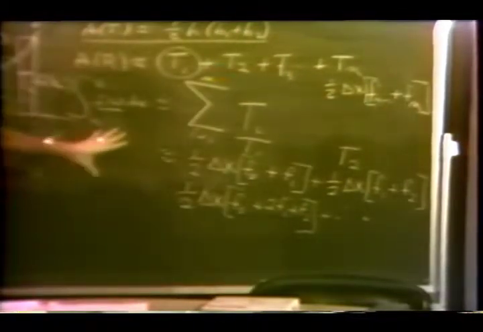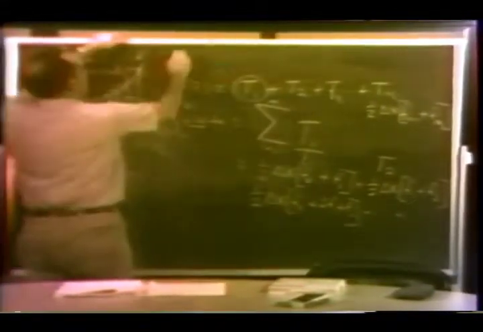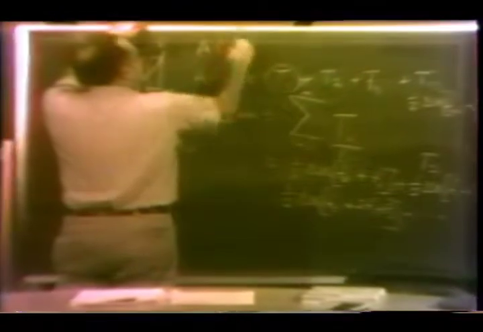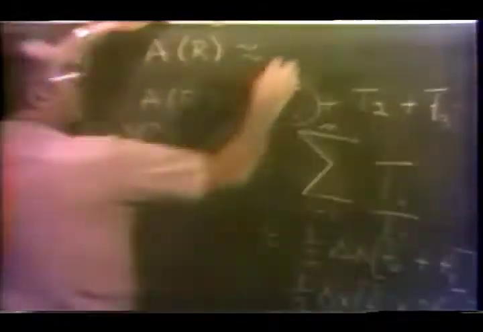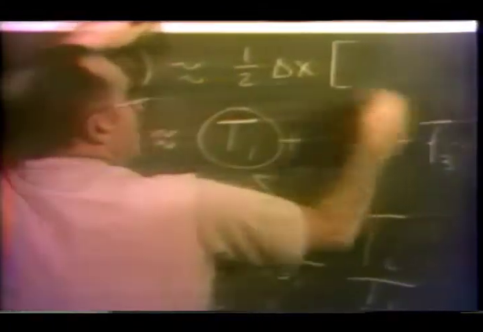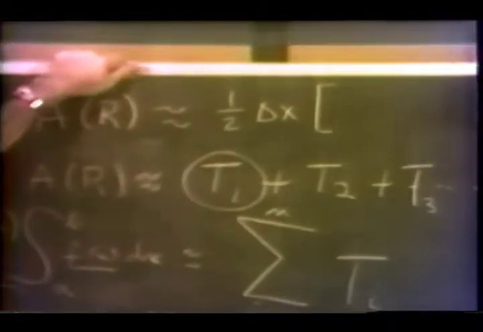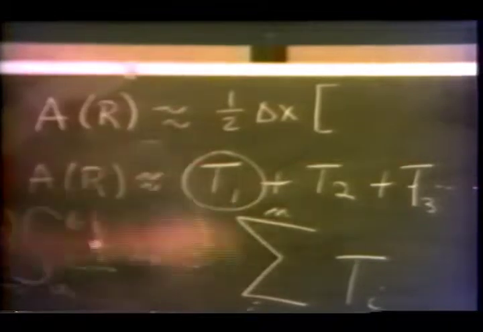So using the idea of the trapezoid and the sum of those trapezoids, then I can look at my formula. The area of the region is approximately 1/2 delta x times, what will the first base be, or first one that I'll have?